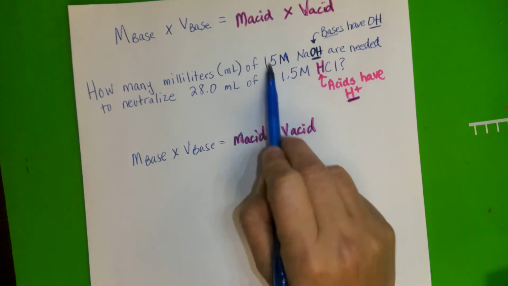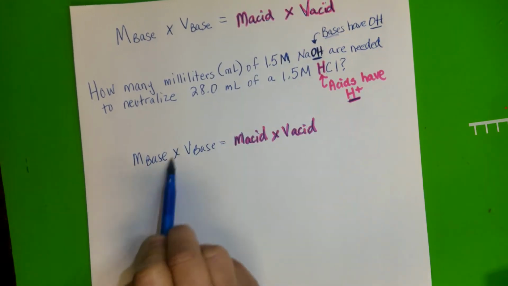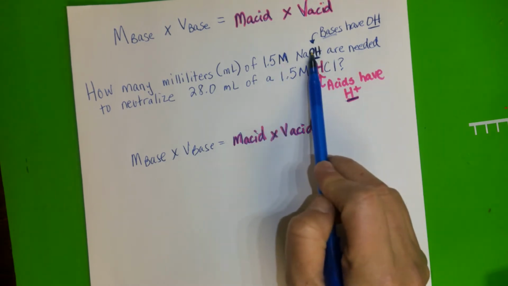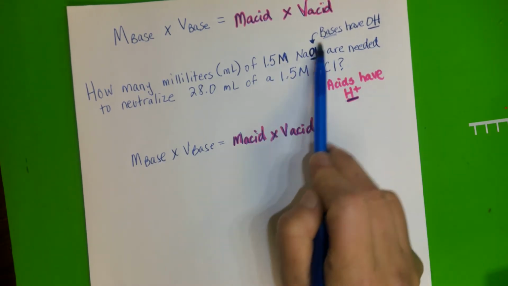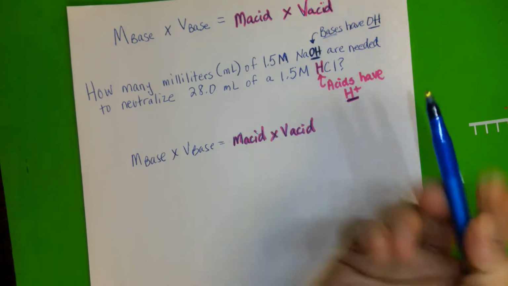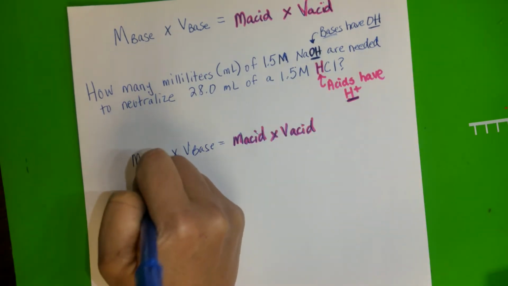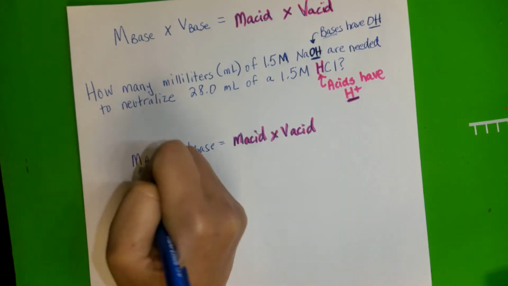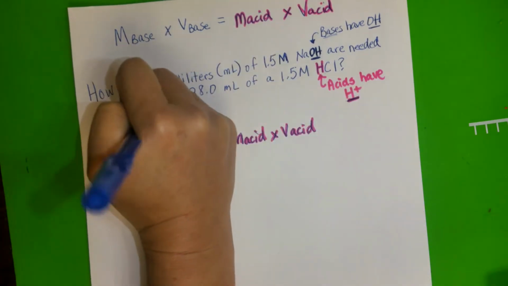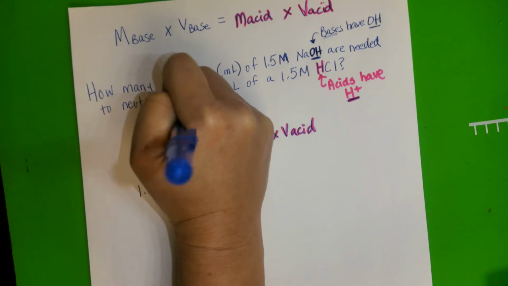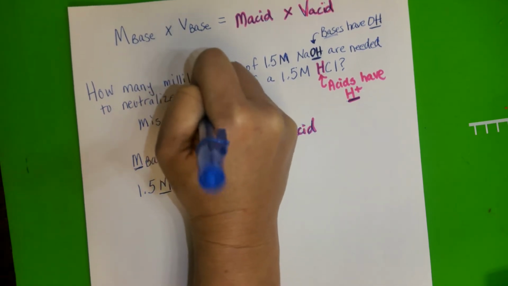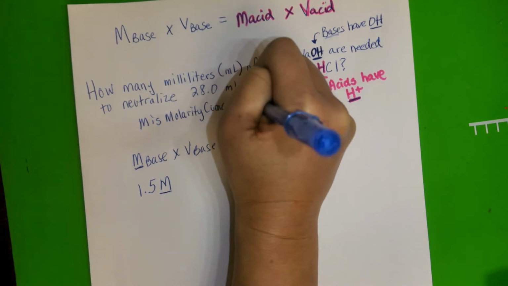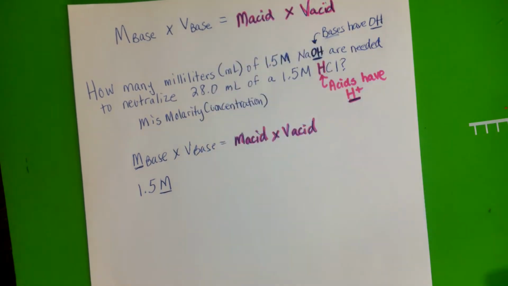We're going to plug in this right here because that is the molarity of the base, of sodium hydroxide, which is a base. So we're going to put 1.5 molarity. Again, you can tell because M is molarity, which means the concentration of that base.